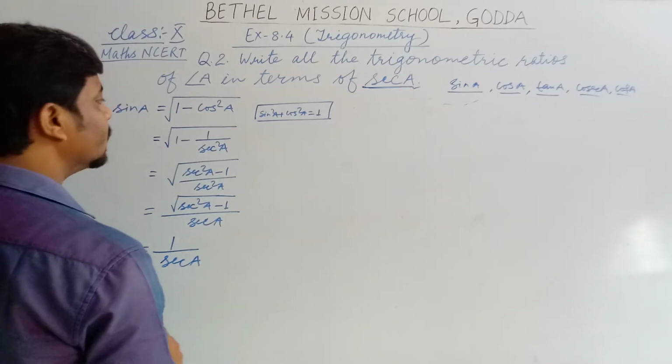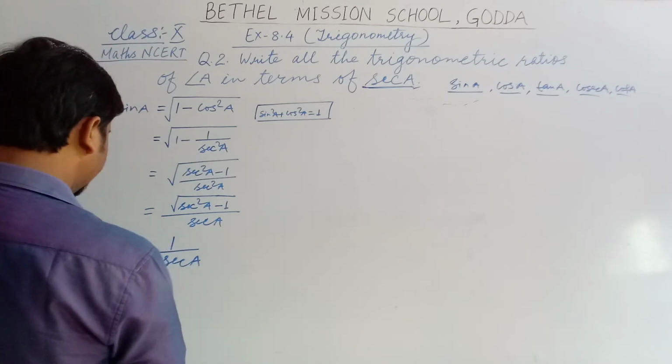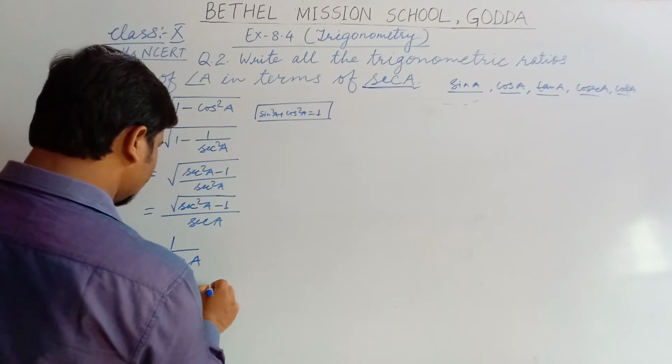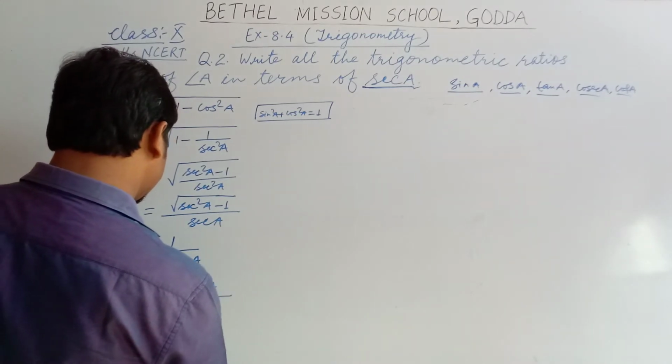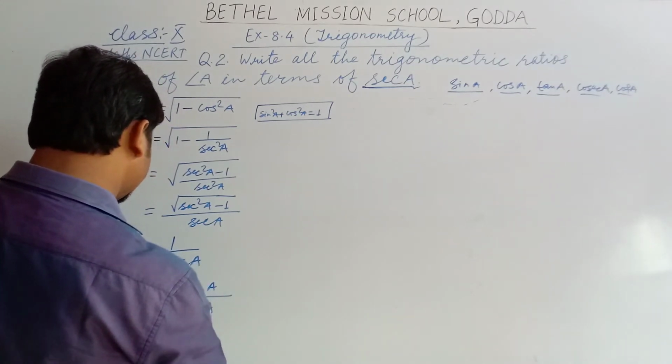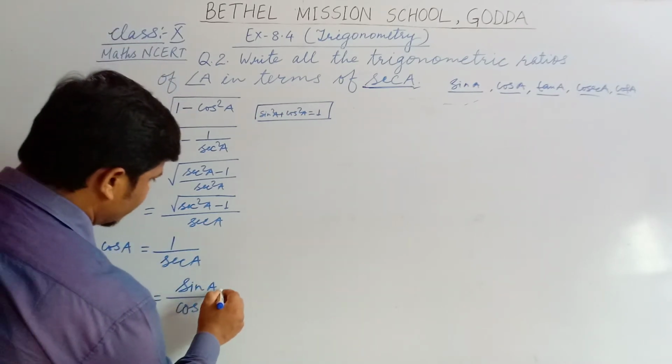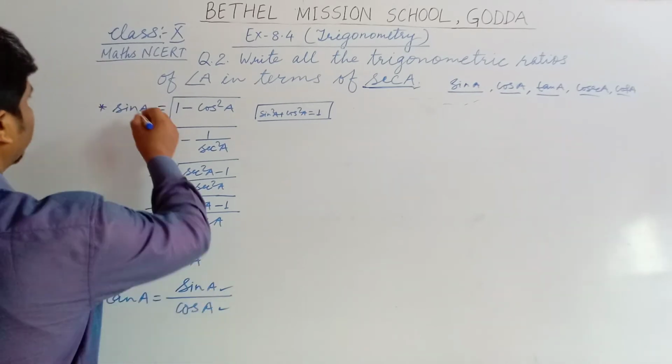Tan A. And you know that tan A equal to sin A upon cos A. Okay, and sin A and cos A, both values we have.